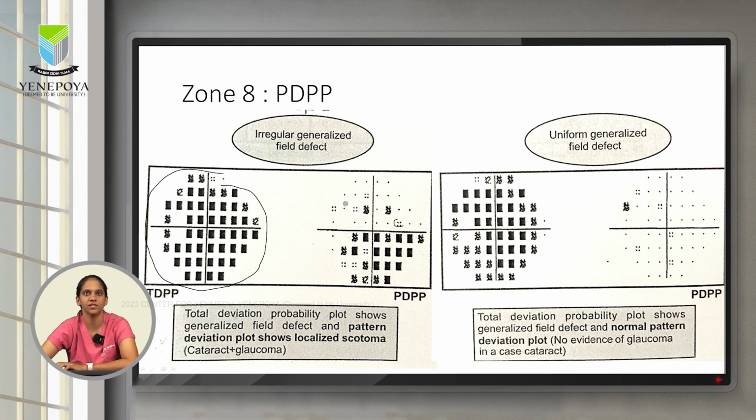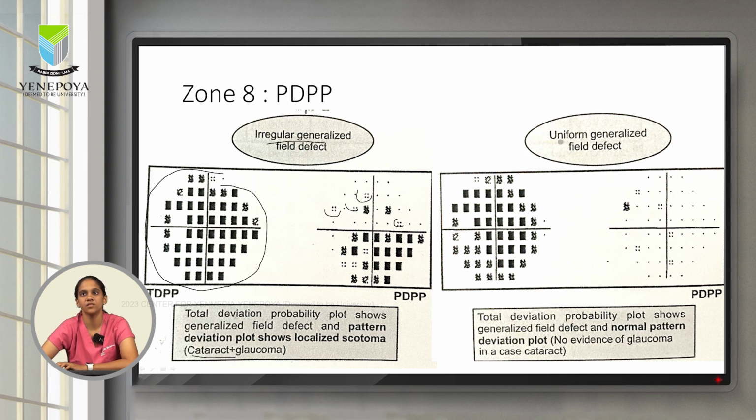See, only a couple of points are p less than 5%, right? Others are all lower, right? So this means that these extra points here have all been caused by a generalized field defect, most likely a cataract. And only these points that you see in the pattern deviation probability plot have been caused by the glaucoma itself. Okay, this is an irregular generalized field defect.